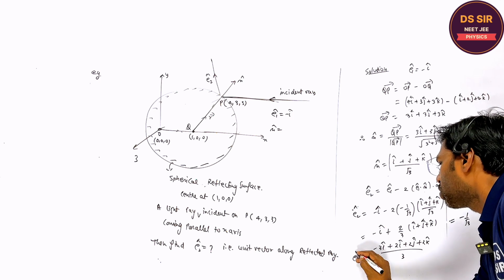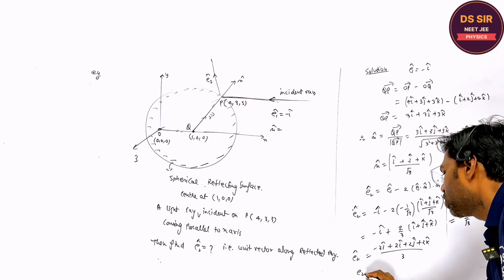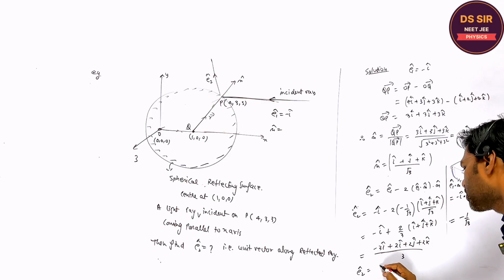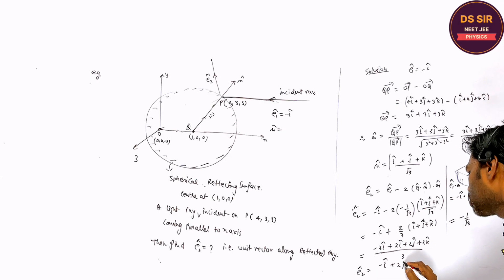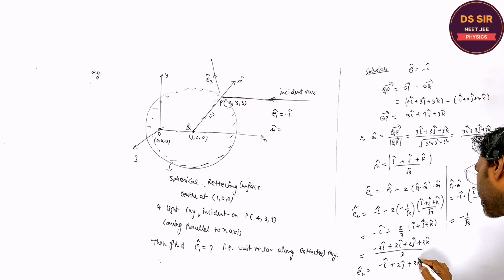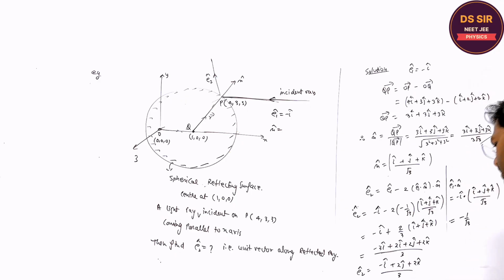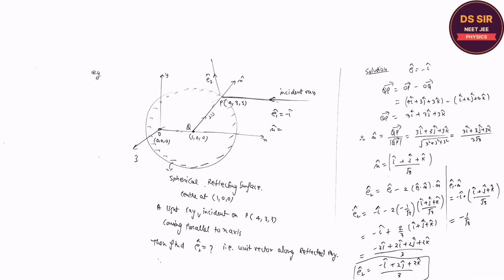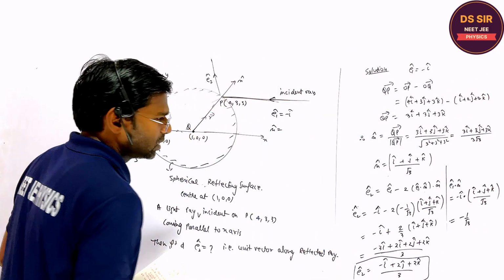So the E2 cap is minus I plus 2J plus 2K cap upon 3. Is it clear or not? This is the unit vector along the direction of the reflected ray. This is the way to solve this type of question.